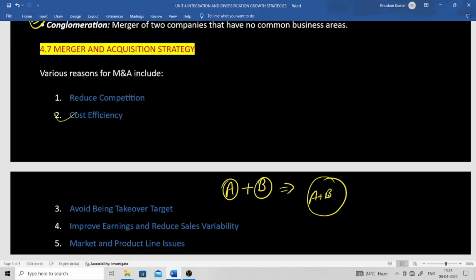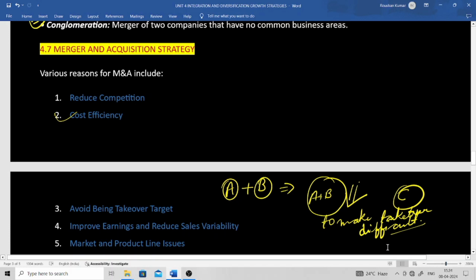Then acquiring A plus B is much more difficult for a third firm C. So to avoid being a takeover target, or in other words, to make takeover difficult, two or more firms merge or combine with each other.